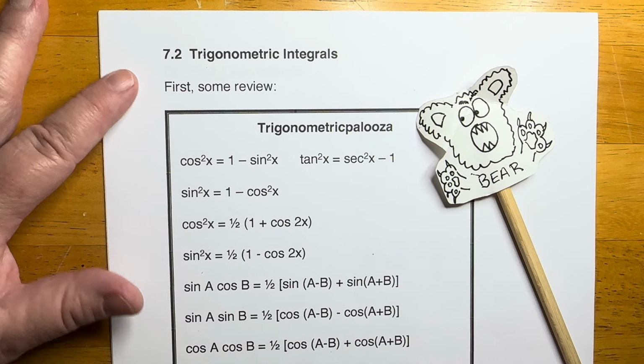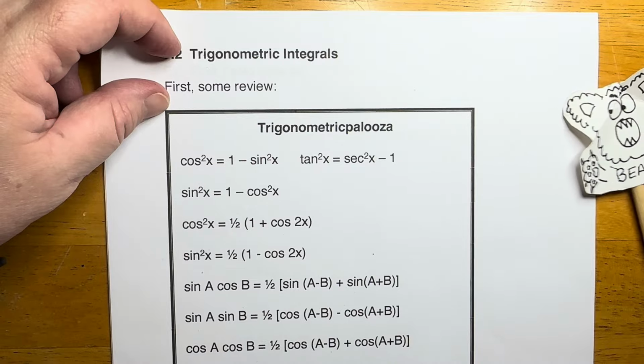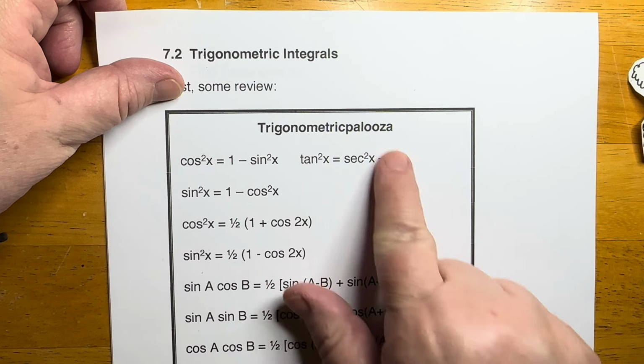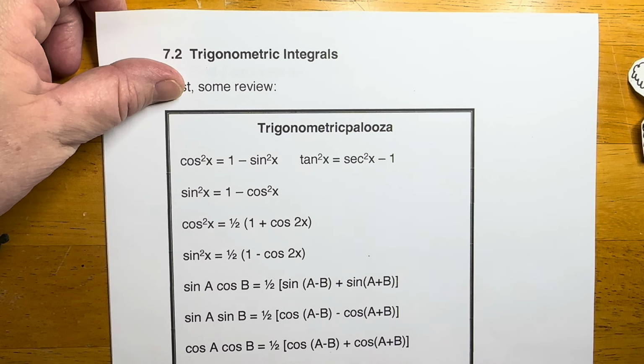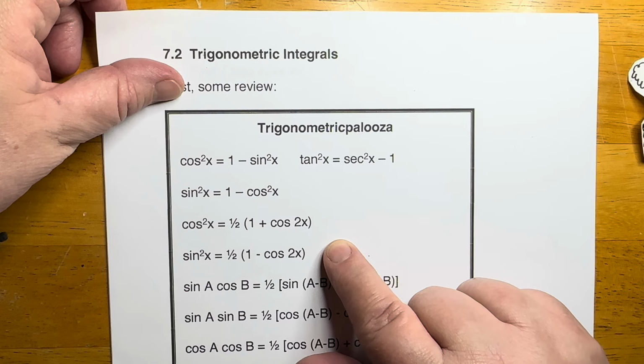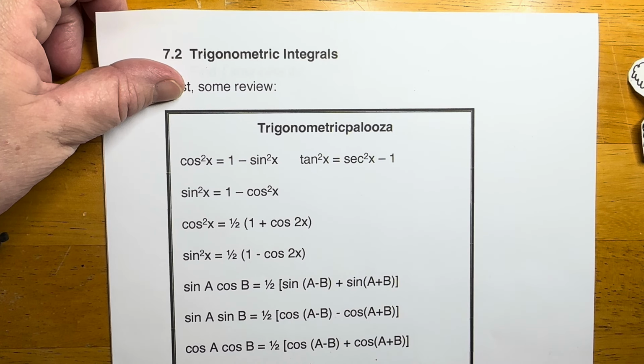So this list of facts about trigonometry includes all sorts of things. I'm going to move Square Bear over. Some basic truths about trig. Now, if you haven't taken trig, or you haven't taken trig recently, there are the half angle formulas or the double angle formulas.